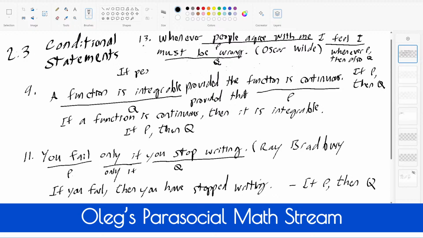If people agree with me, comma, that's P, Q, then I feel I must be wrong.